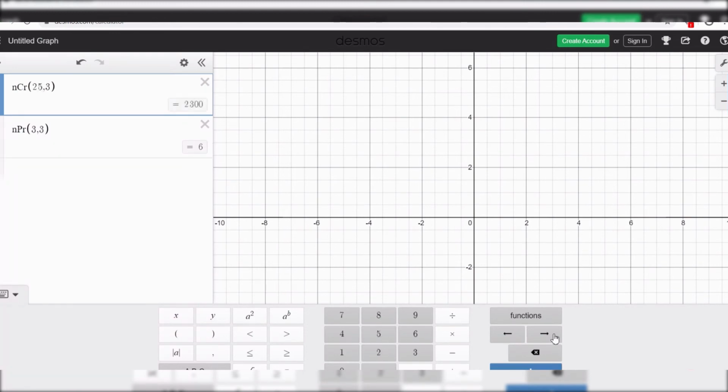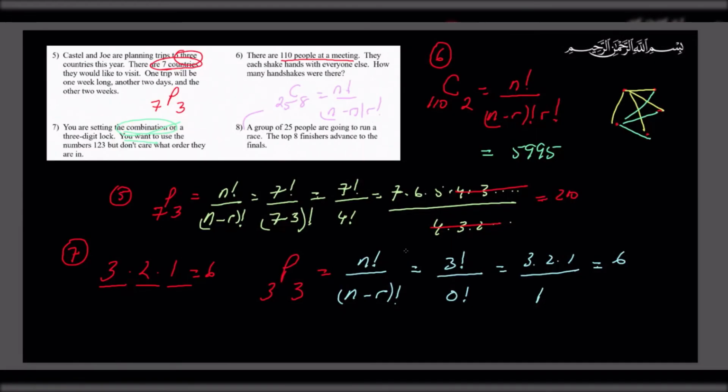Combination of 25 choose 8. That's a very big number. That's like 1,081,575 different ways of those people. That's a big number, isn't that right? But that's how many different combinations there are of 8 individuals if you're picking from 25.